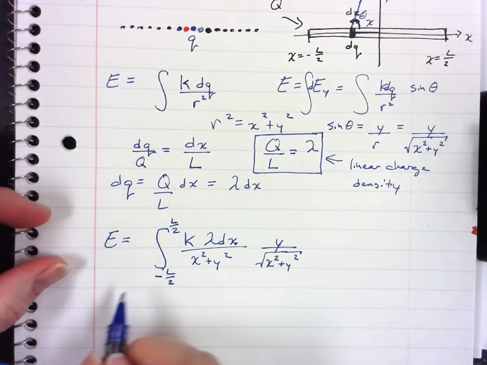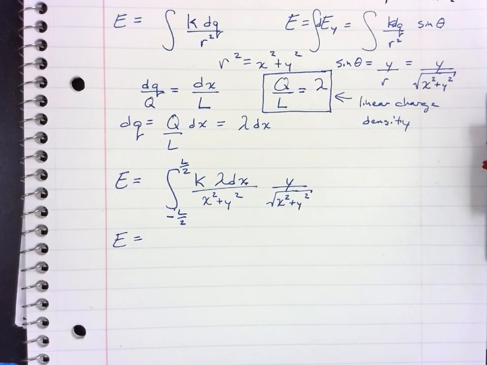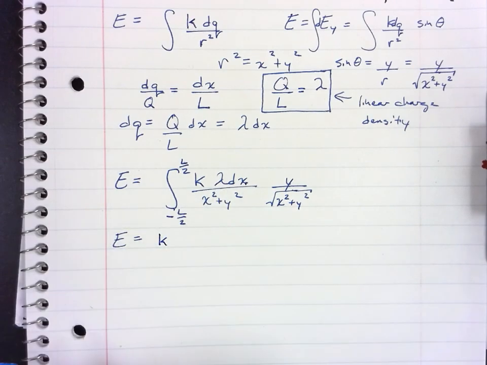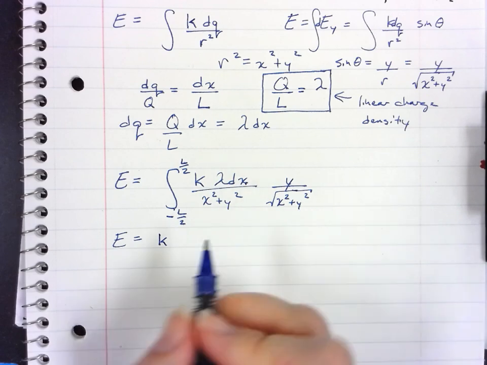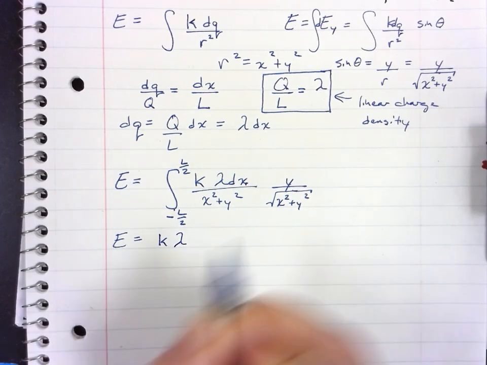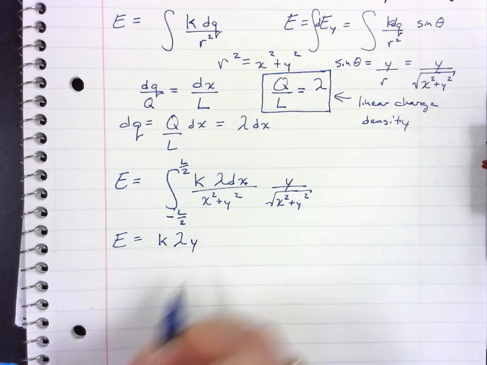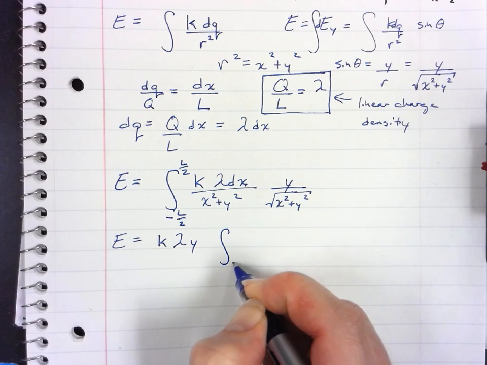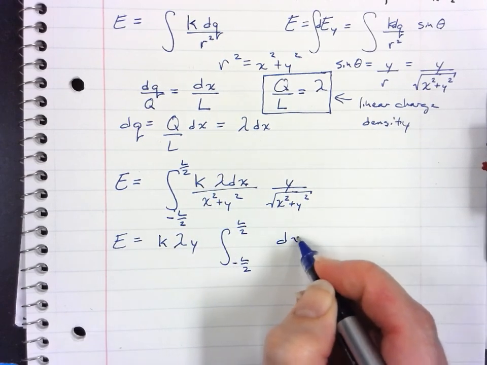So one thing I want you to notice about this integral. First, it looks yucky. But there's a lot of stuff in here that's a constant. k is Coulomb's constant, so it comes out of the integral. Lambda, the linear charge density, is the charge per unit length of the bar. That's a constant. It comes out of the integral. y is the distance from the bar up to the point of interest. That's a constant. Comes out of the integral. Then, what stays in the integral, all we have in the numerator is dx.